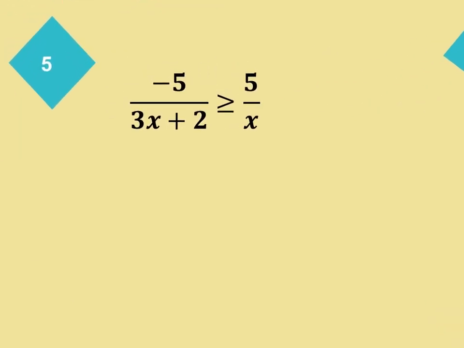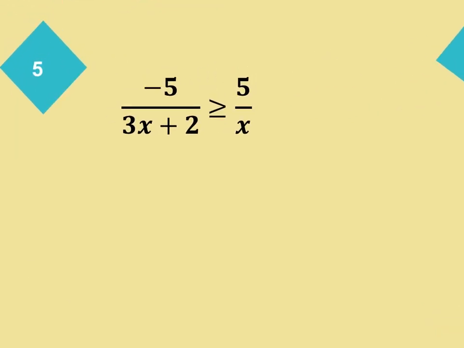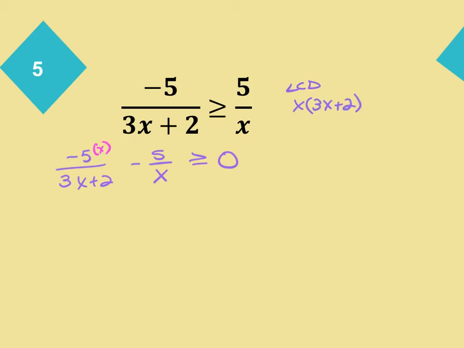So it gets a little bit shakier because now we've got a denominator on the other side as well, right? So I'm going to move this over. -5 over 3x plus 2 minus 5 over x is greater than or equal to 0. Now I have to give my denominators the same, a combination of the two, x and 3x plus 2. Which means the first fraction is going to have to multiply by x, and the second by 3x plus 2. So I get -5x.